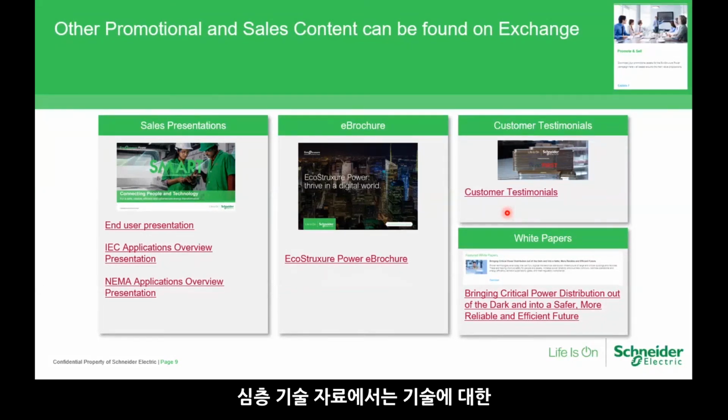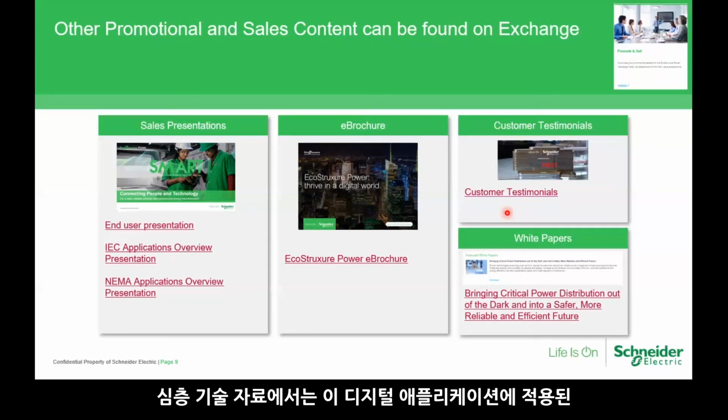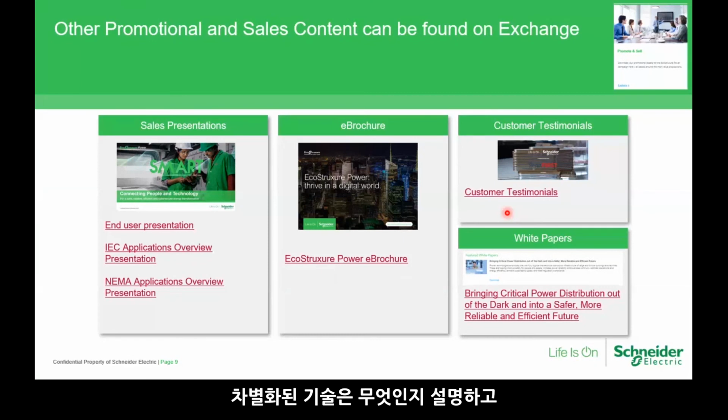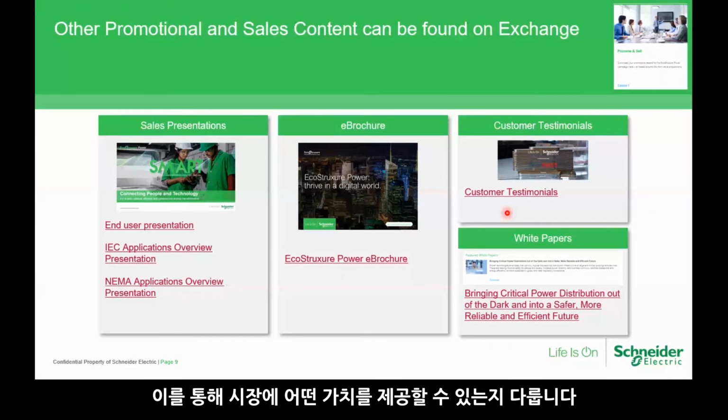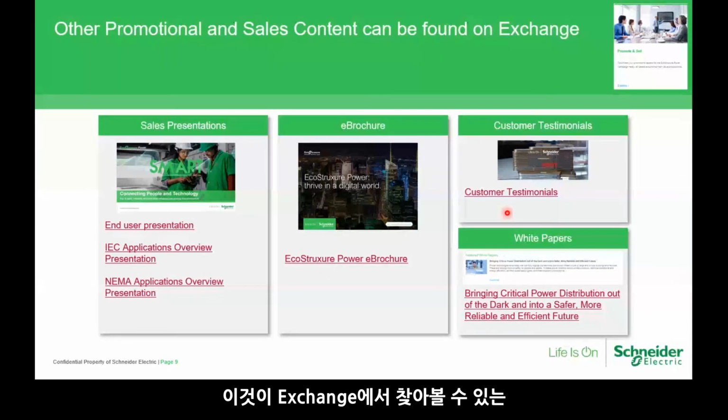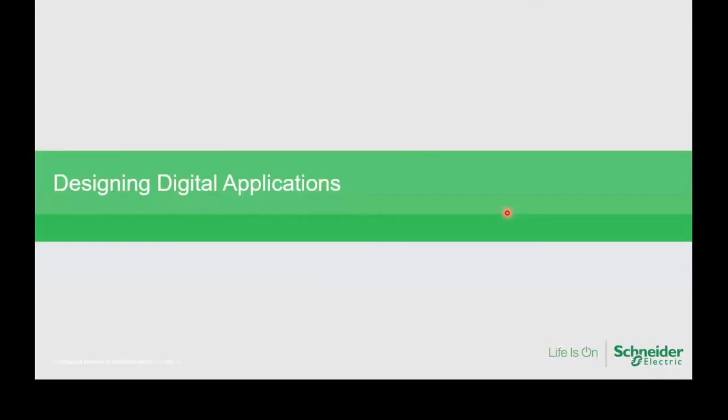When we talk about white paper, we are always leveraging technology: what technologies we have put inside this digital application that are very differentiated, so that you are able to bring more value to the market through a white paper. So these are some of the promotional and sales content that can be found on the exchange.